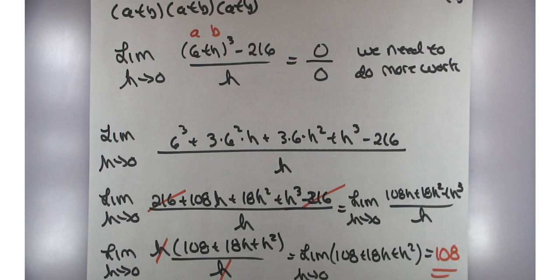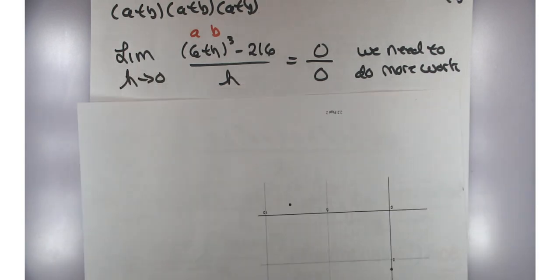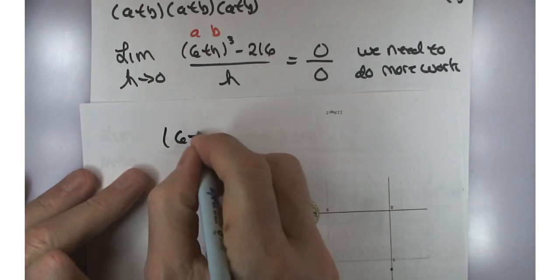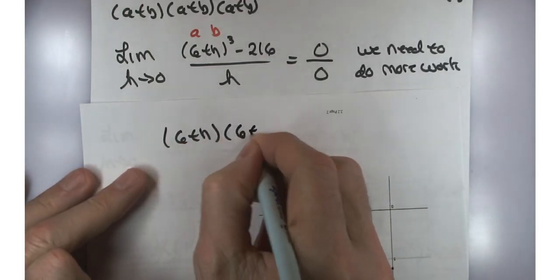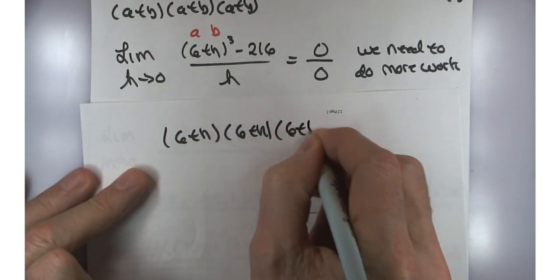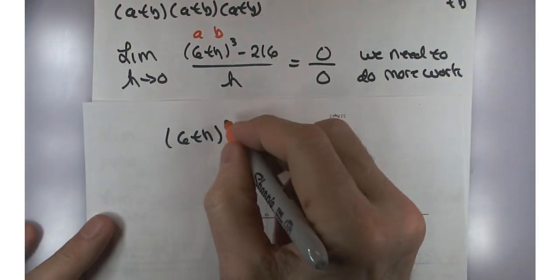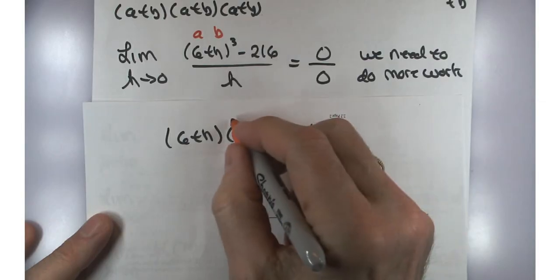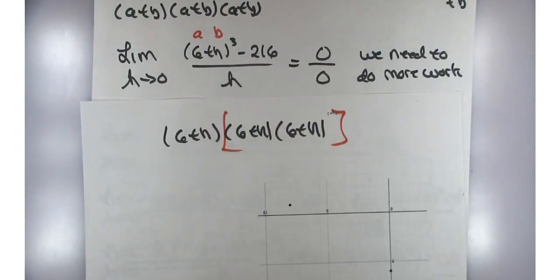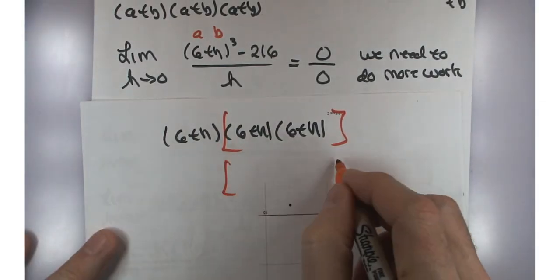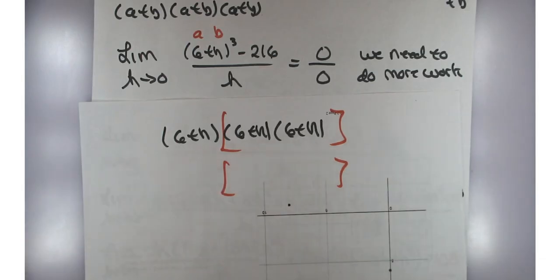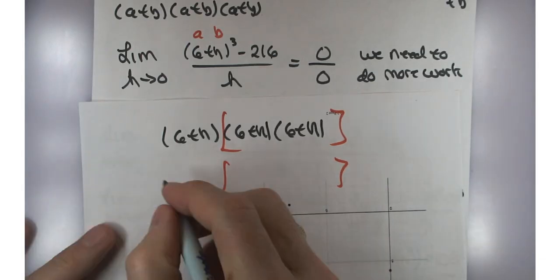If you're not keen on that, like I said, your alternative would be to take 6 plus h times 6 plus h times 6 plus h and multiply it out. I would suggest that you multiply it out by starting out with 2 of these together, and then 6 plus h.